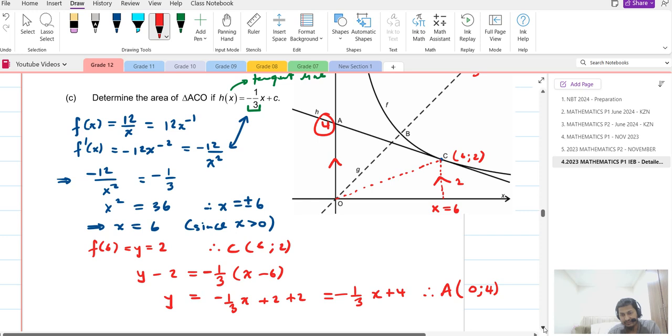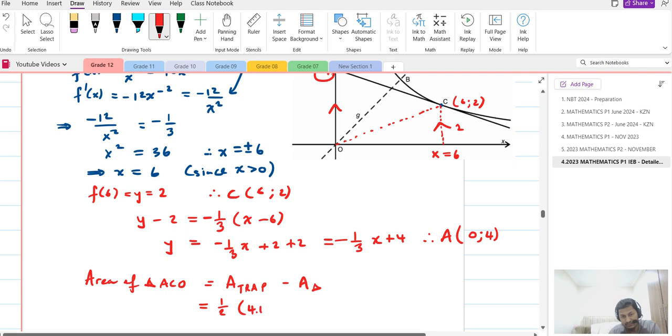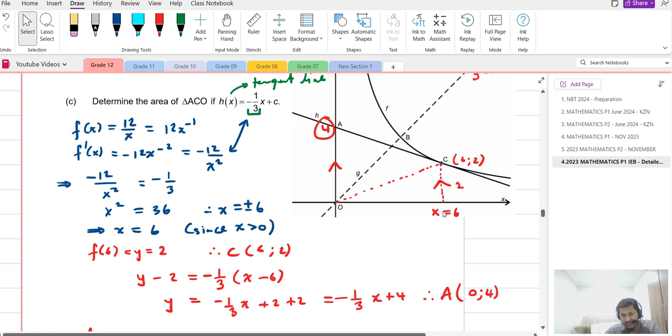So what's the area of the trapezium? Half the sum of parallel sides, 4 plus 2, and the height is also 6.